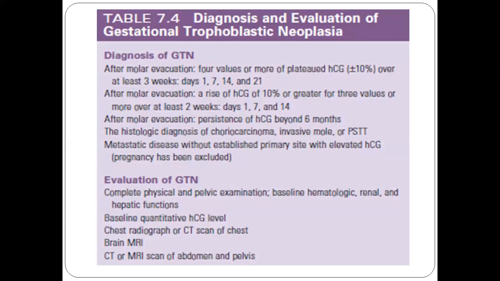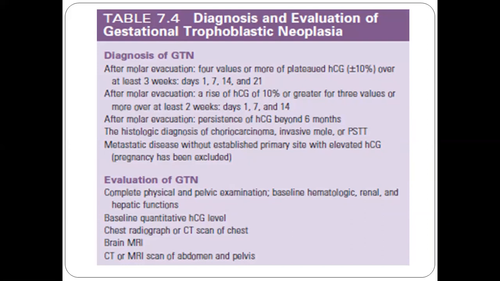Yeah, so that is the criteria for diagnosis of GTN. One, if after molar evacuation, you have 4 values of plateaued beta HCG level for a period of 3 weeks. That is, the levels don't rise or drop beyond 10%. They just persist there for 3 weeks.